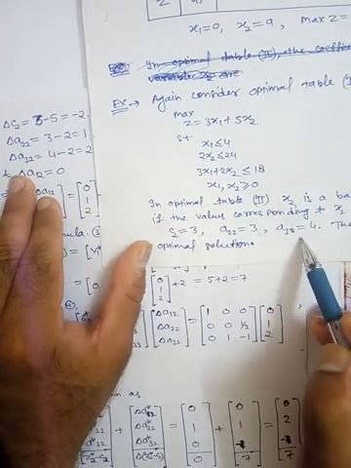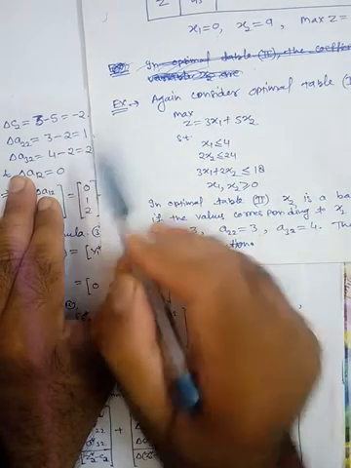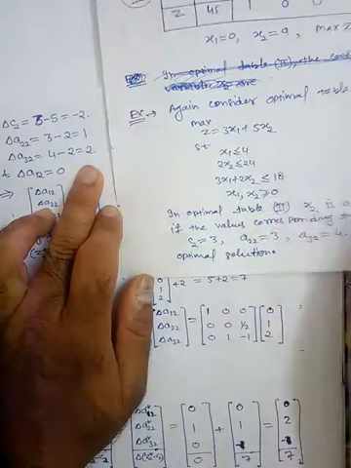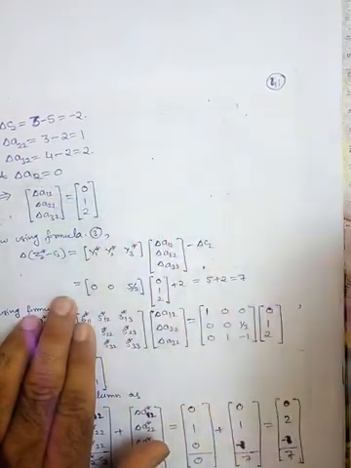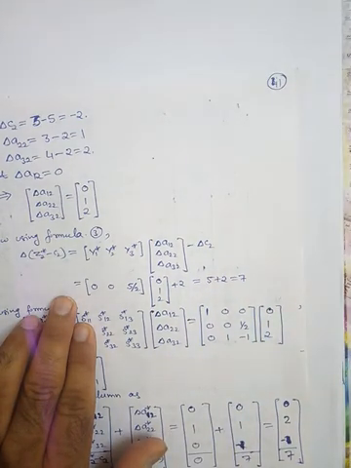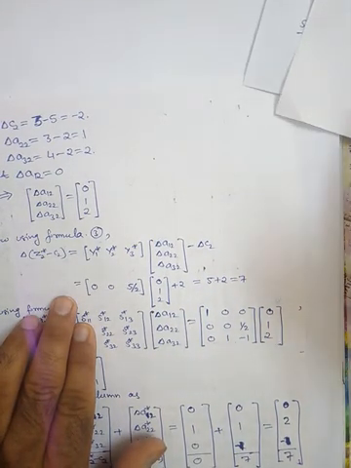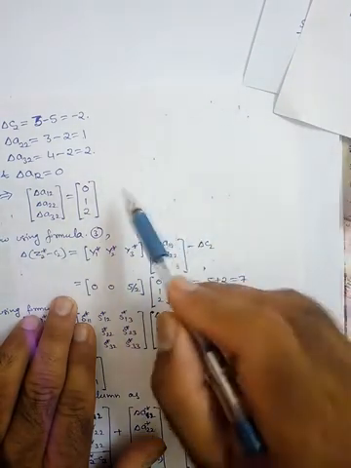Similarly, A32, new value is 4, old value is 2, so 4 minus 2 is 2. Fine. So now in the second column we will have the entries like A12, A22, A32.